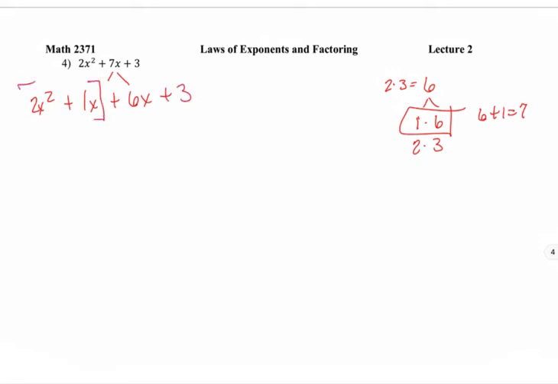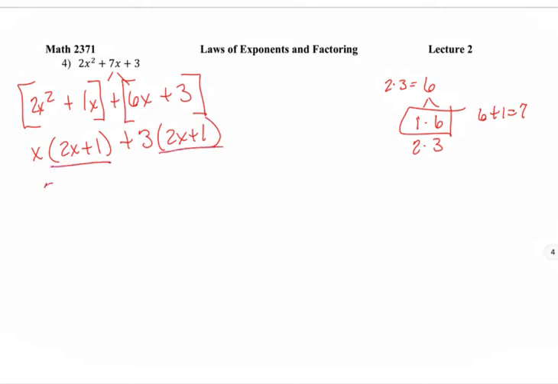And I group the first two terms together and the last two terms together. Now I pull out the greatest common factor out of the first two terms, and I have x, and I'm left with 2x plus 1. And the greatest common factor out of the last two terms is 3, and I'm left with 2x plus 1. Now I pull the 2x plus 1 out, and I have 2x plus 1 times x plus 3.